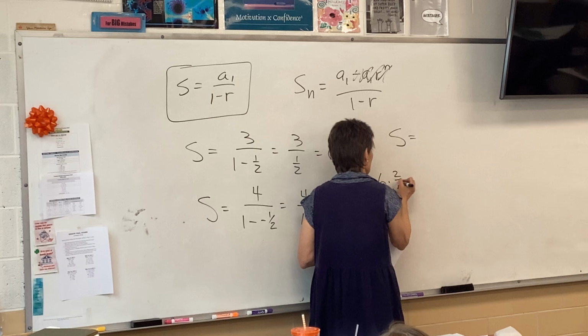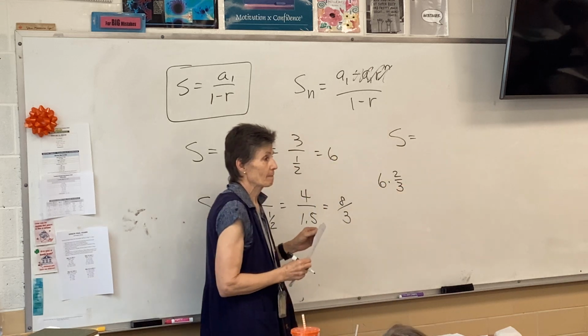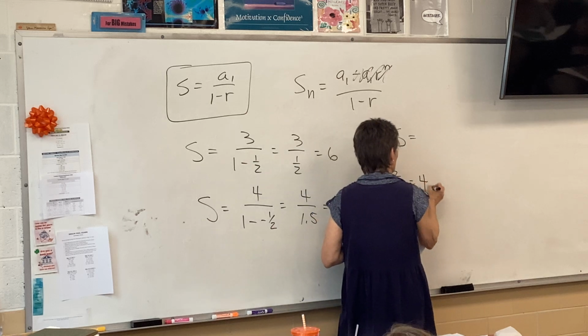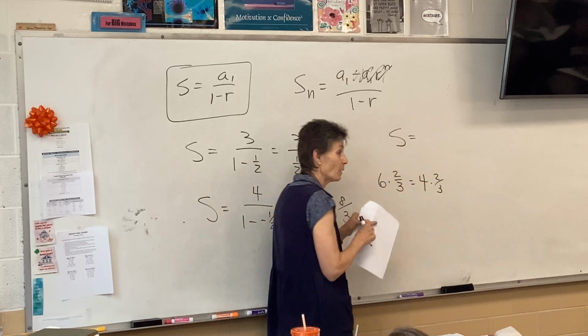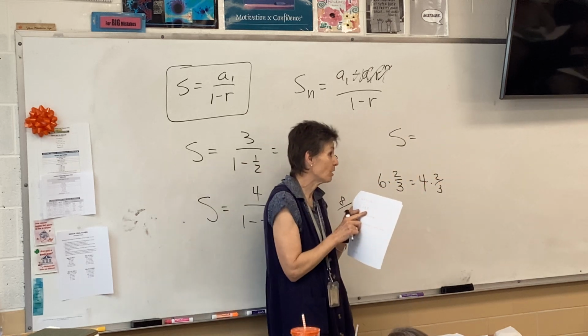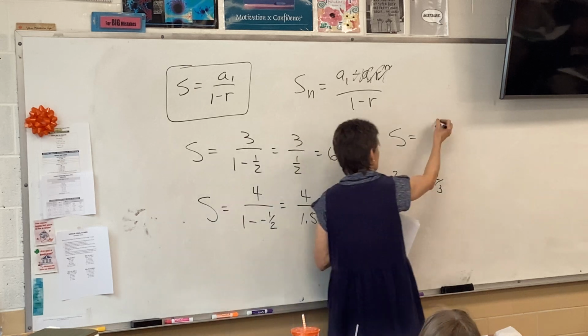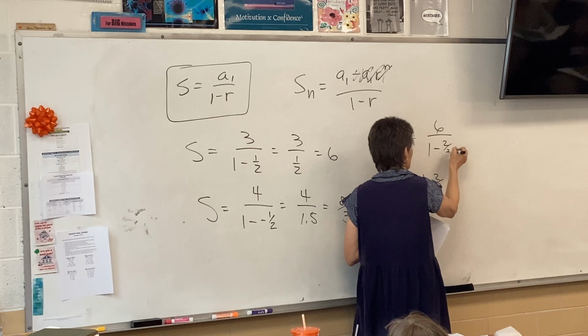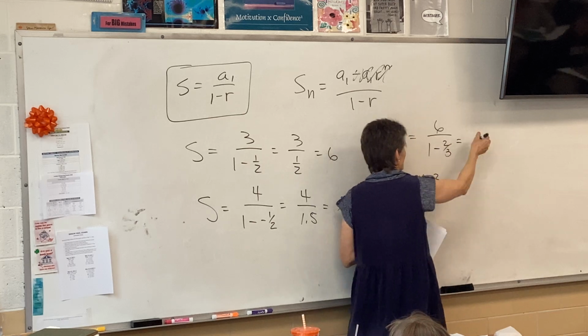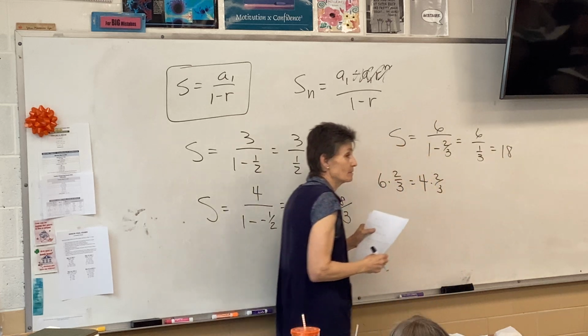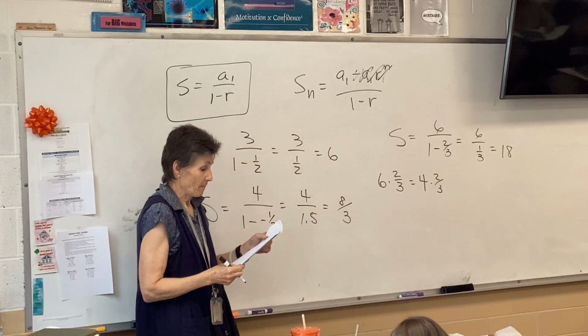What's 6 times 2/3? 4. That's what I want. What's 4 times 2/3? Which is what I want. So it looks like my ratio is 2/3. So we have 6 divided by 1 minus 2/3. 6 over 1/3, which is 18.